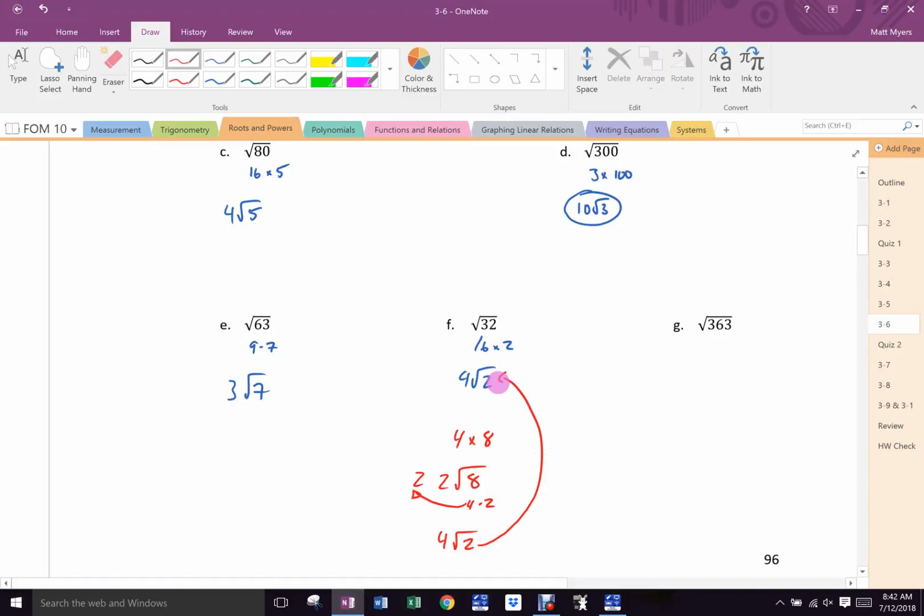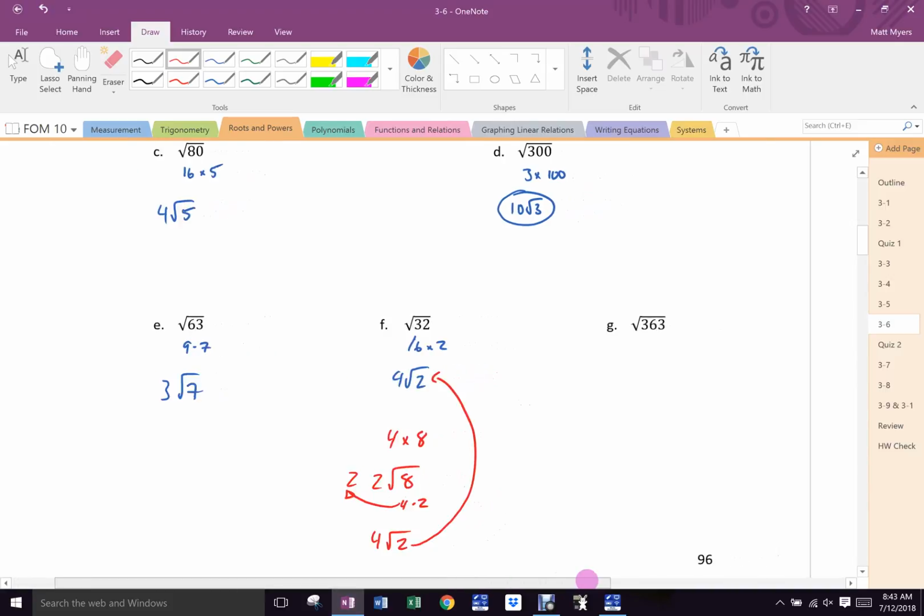Same answer. Everybody good? It's just like fractions. You have to keep going until you can go no further. Everybody with me? Okay, 363 is tricky.